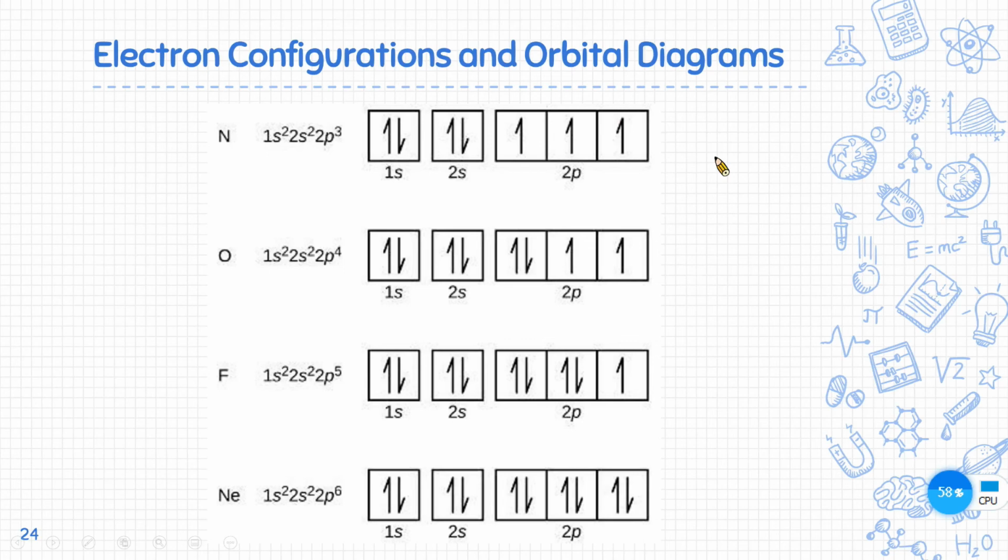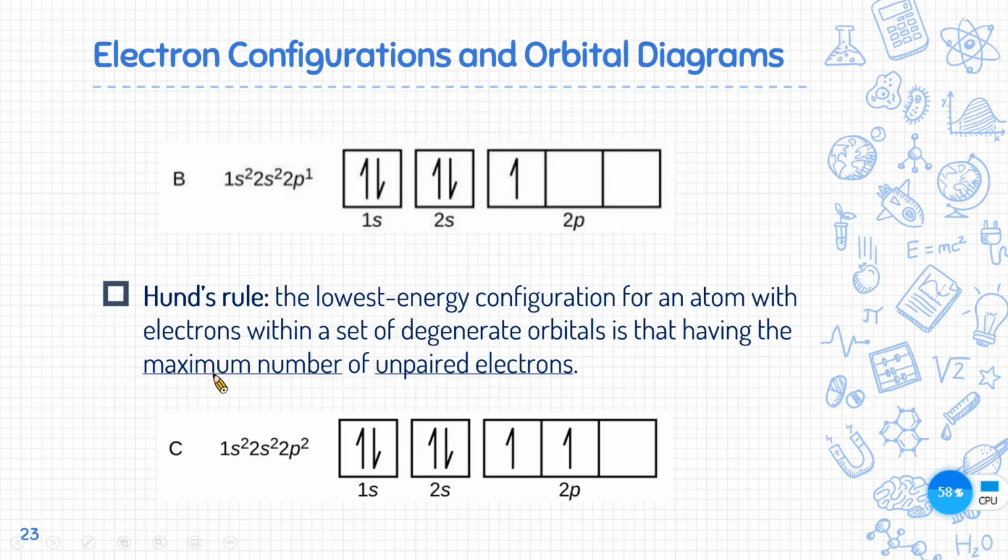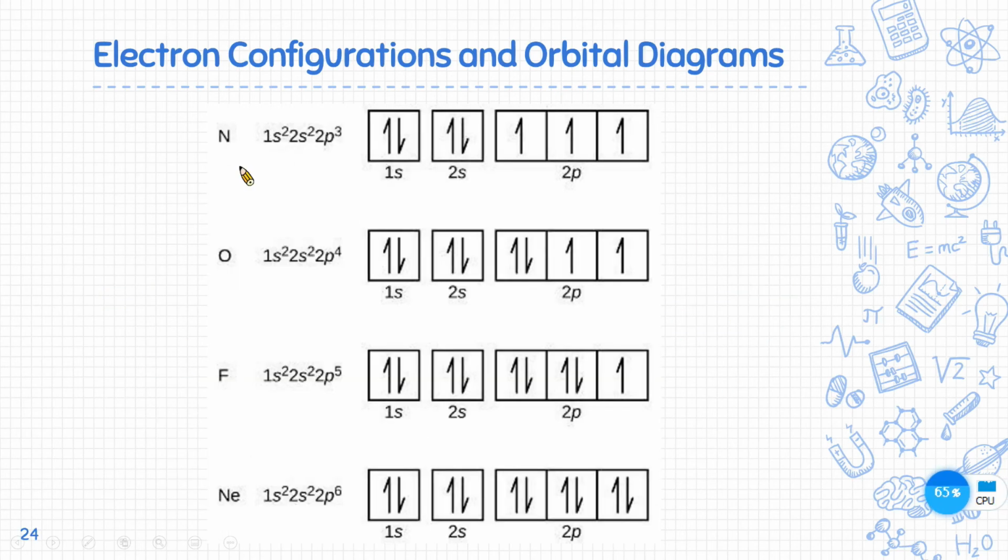Maximum number of unpaired electrons. Here are 2 unpaired electrons. As the atomic number increases from nitrogen to neon, 1 more electron is put here, and then 1 more electron is put here. So these are following Hund's rule.